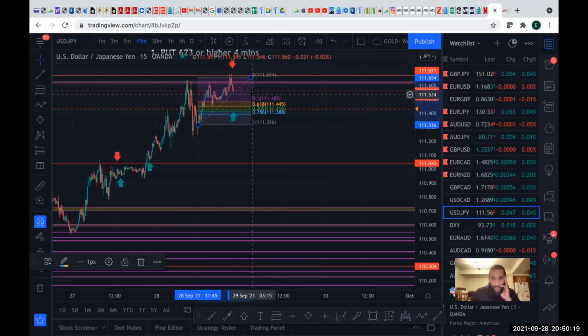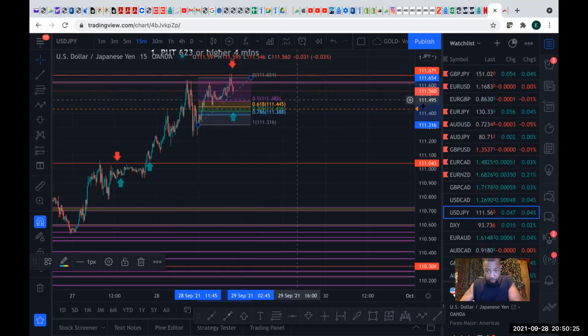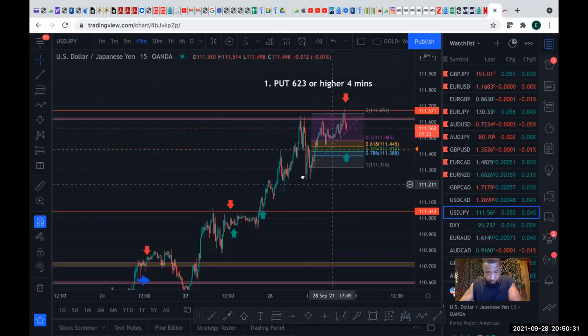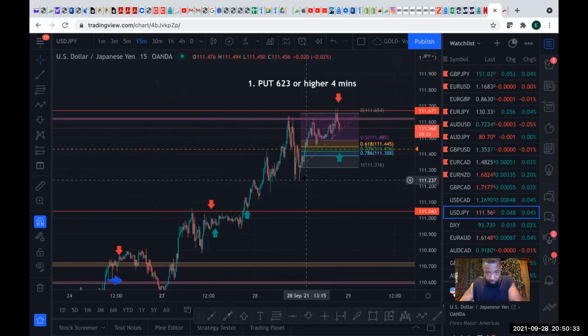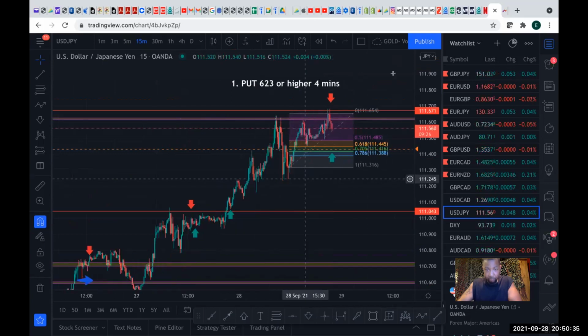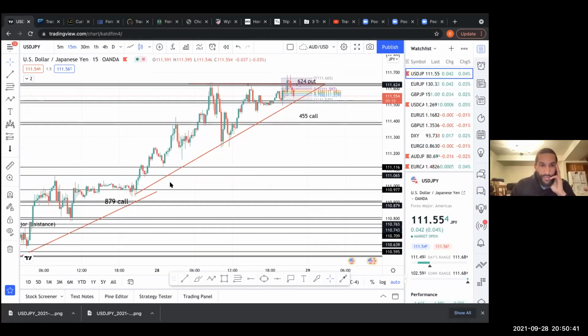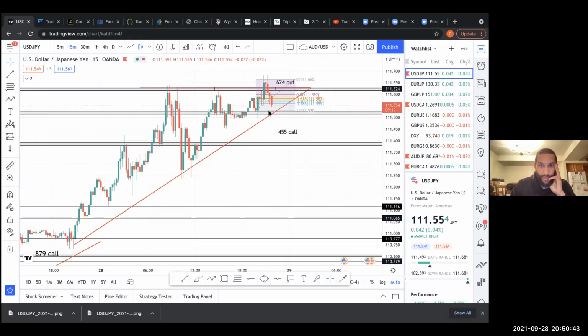I'm still kind of, let me share my screen real fast, and I'm gonna show you what I'm looking at. Now you see the triangle that I got it in, solid uptrend.